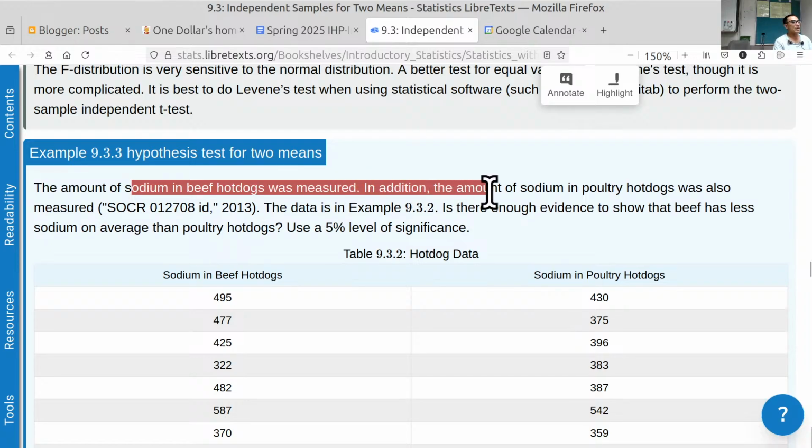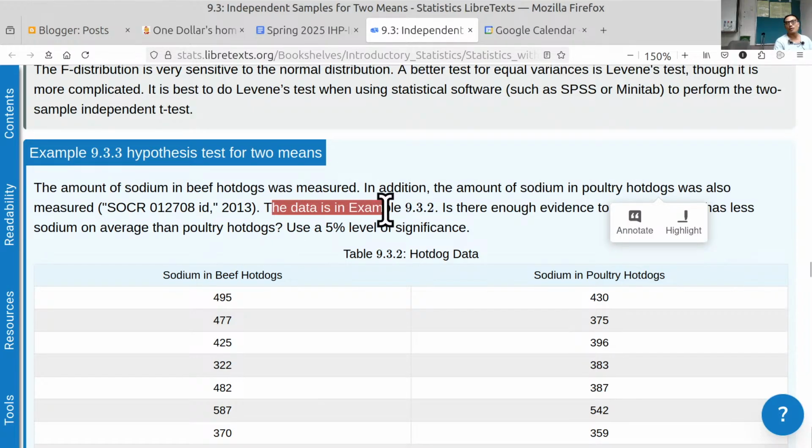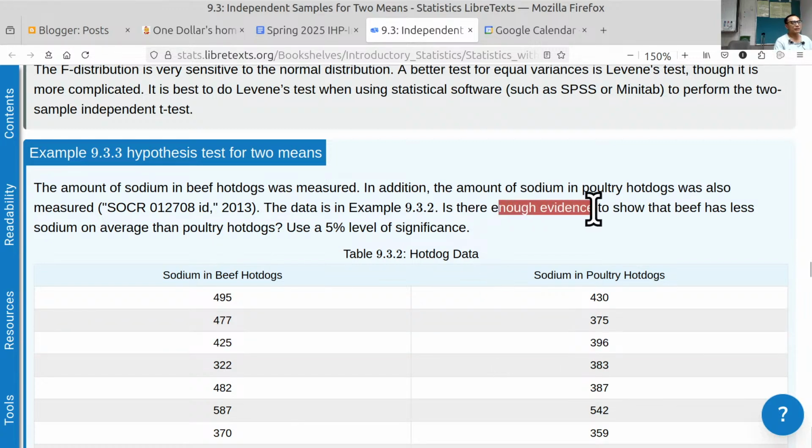In addition, the amount of sodium in poultry hot dogs was also measured. The data in example 9.3.2 is enough. Is there enough evidence to show the beef has less sodium?